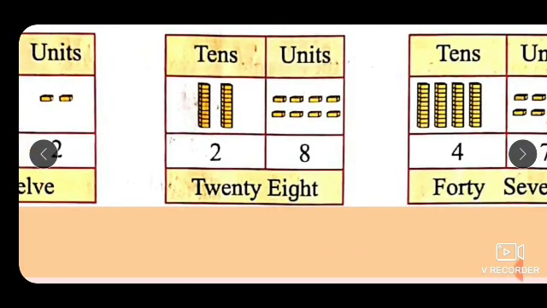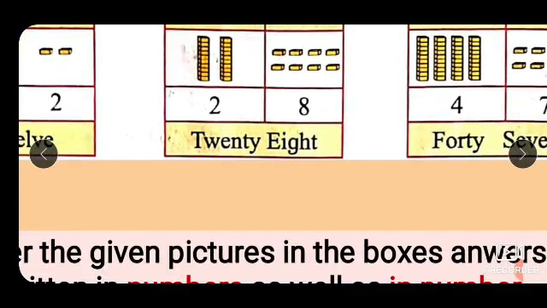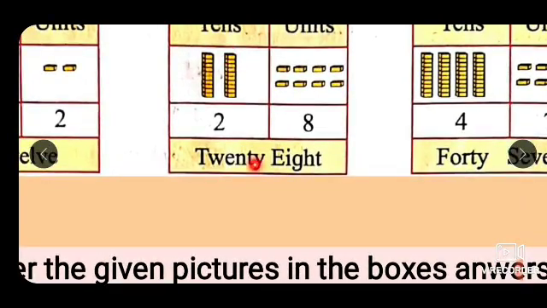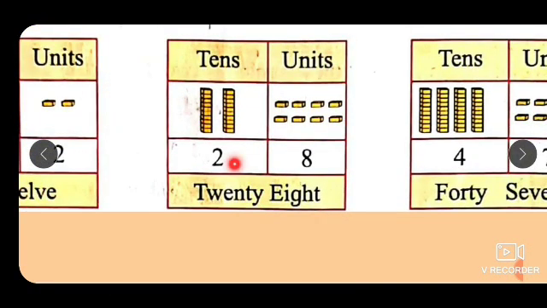Second picture, how many blocks of tens are there in tens place? 1, 2. So in tens place we will write 2. Let's count in units place. 1, 2, 3, 4, 5, 6, 7, 8.